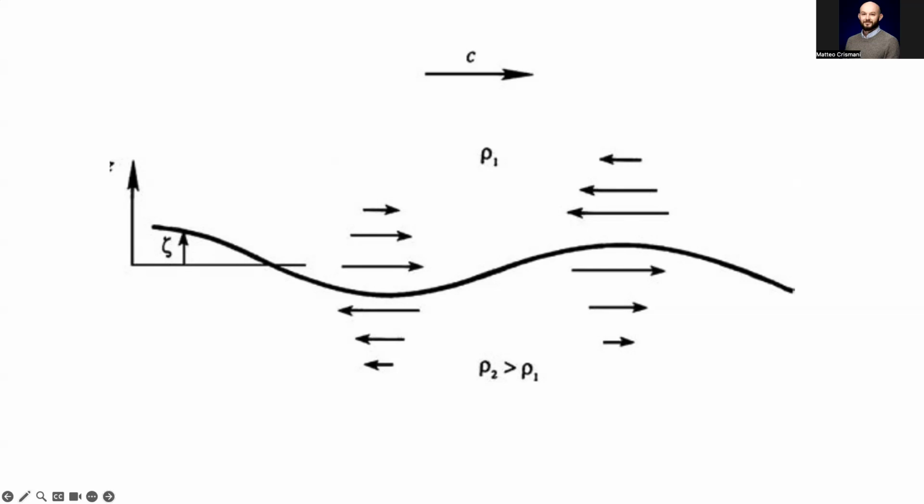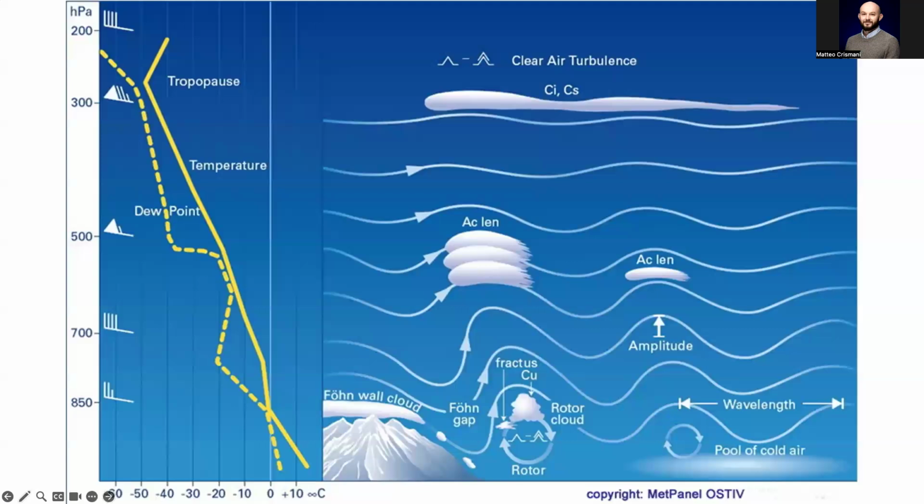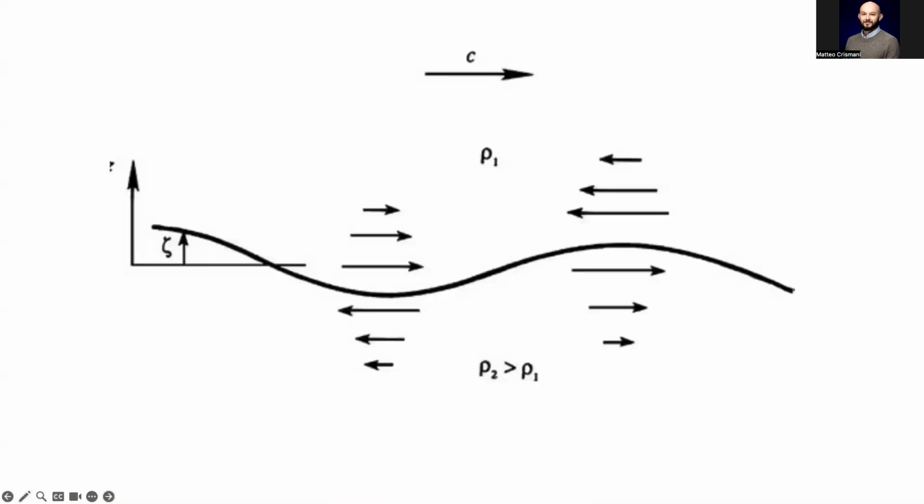Yeah, we talked about the difference between a fluid with nothing above it, right? But now let's have a look at this example. We were talking about all these different types of clouds. In order to understand them, we need to understand stably stratified media. What I mean by that is this has one density, rho one, this is density rho two, and rho two is greater than rho one.